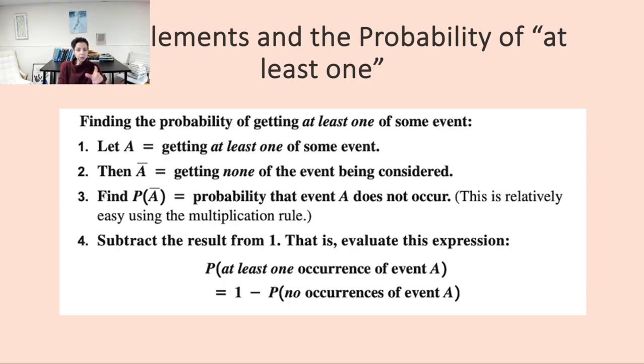This is really easy to figure out based on the multiplication rule. All we have to do is subtract from 1. So the probability of at least one occurrence of event A is the same as 1 minus the probability of no occurrences of A.